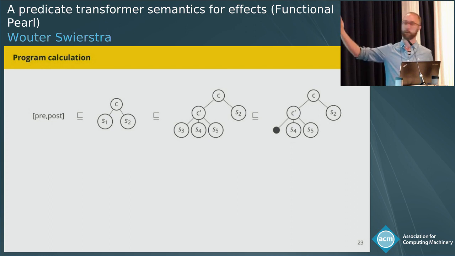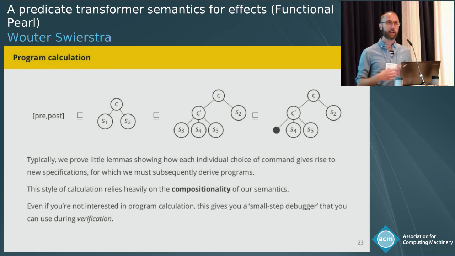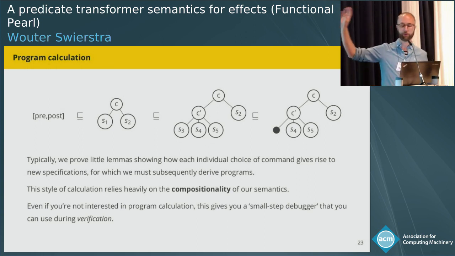Let me return that, and then you can go on and on until you've completely written your program. Of course, it requires a little work, because typically for every effect, you want to describe how the specification evolves as you play out that command in the tree. And this relies on the compositionality result.